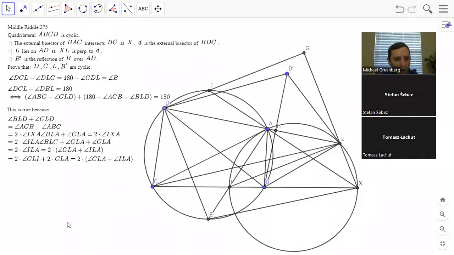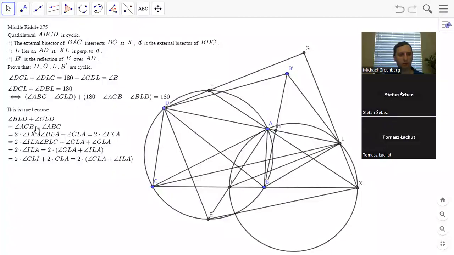But we're still doing equivalences. Just at the end, we will get something which is true. So BLD plus CLD, we want to show it's ACB minus ABC, yeah.